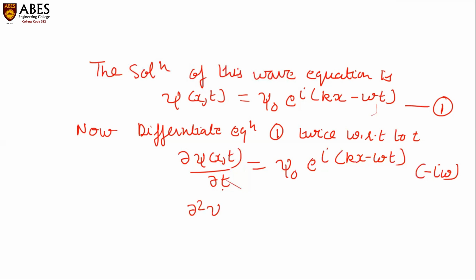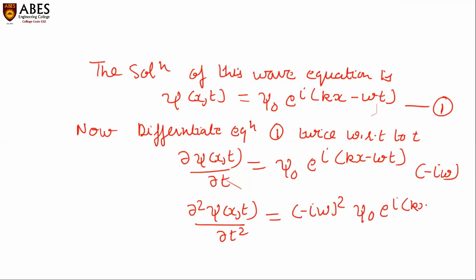Del square psi(x,t) over del t square is equal to minus i omega square psi naught e to the power i(kx minus omega t). We can write this as psi(x,t).